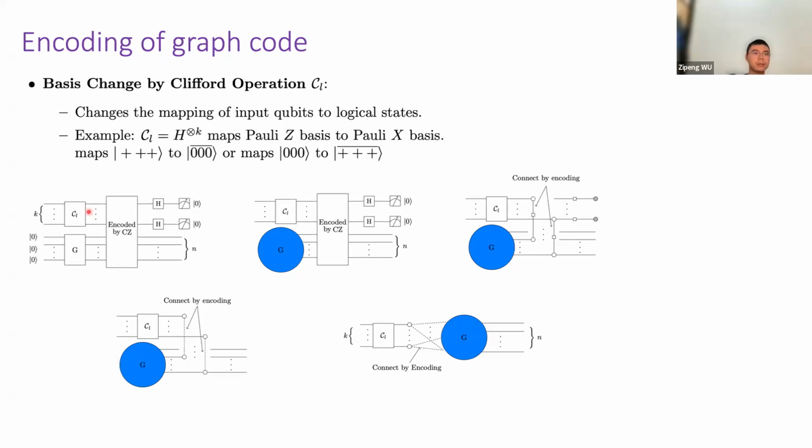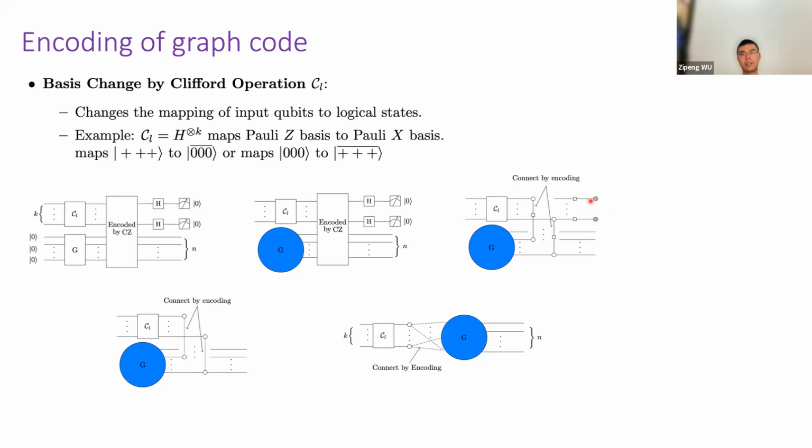Okay, this slide tells how to convert the encoding of the graph codes into a ZX calculus diagram. We start with the quantum circuit, and as you can see over here, this part of the circuit is preparing the graph state. So this G is a graph state with n outputs over here, and post-selecting on 0 is equivalent to using the X spider with the Hadamard gates.